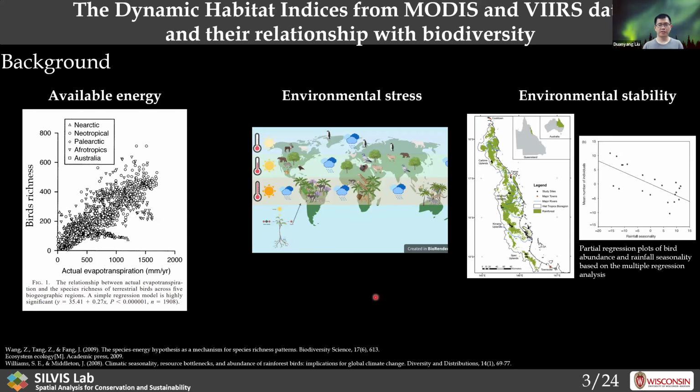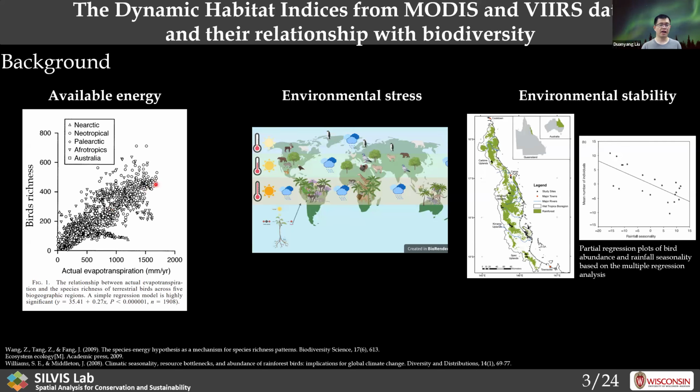Therefore, it is important to understand the distribution of biodiversity. Until now, many ecological theories have been proposed to explain the distribution of biodiversity, such as available energy, environmental stress, and environmental stability. First of all, for the available energy theory, they said high species richness usually happens in high available energy areas.